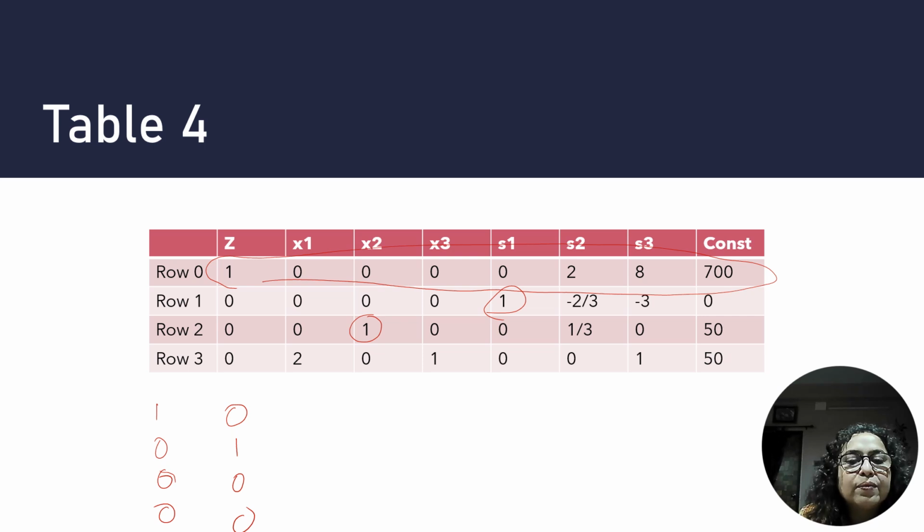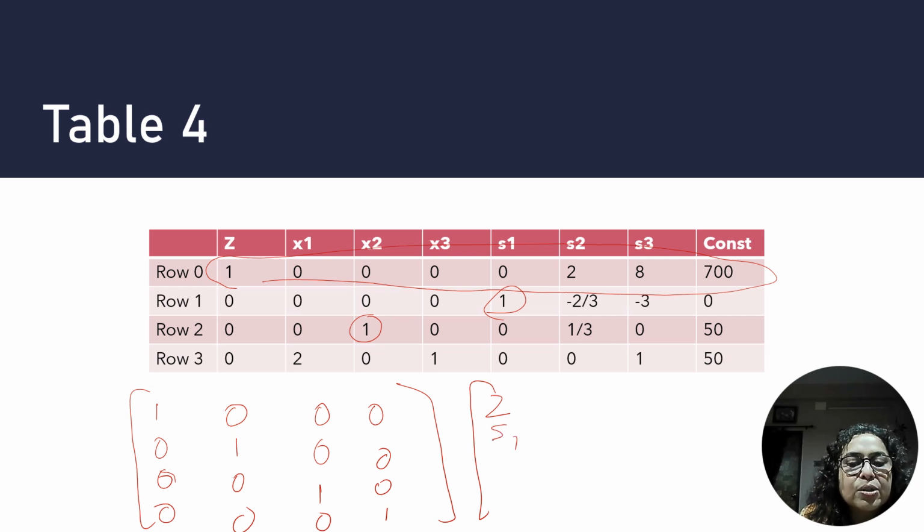Then I have 0, 0, 1, 0, then 0, 0, 0, 1. I have this identity matrix. And what are the variables put into that? First one is Z. The 0, 1, 0, 0 is S1. The 0, 0, 1, 0 is X2. And the 0, 0, 0, 1 is X3.